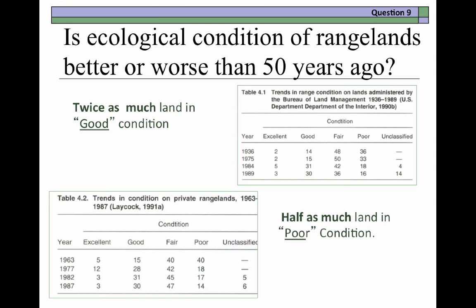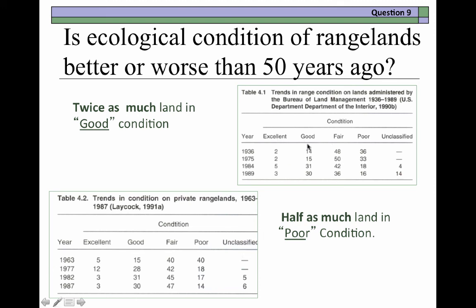So that's a really good segue into talking about the condition of rangeland. We often get asked if the ecological condition of rangelands is better or worse than it was 50 years ago, and the short answer is there's twice as much land that is classified as good, and half as much land that is classified as poor. So yes, our rangeland management techniques are working.